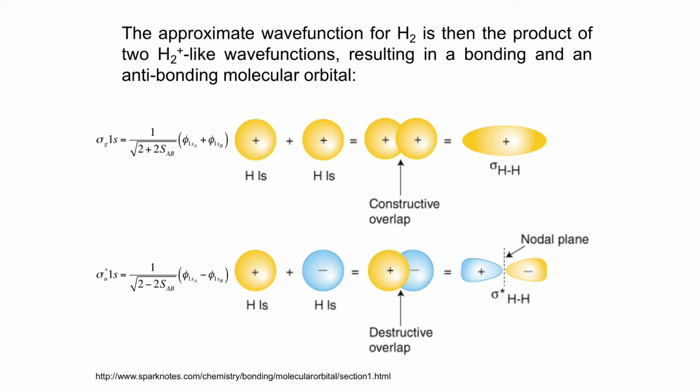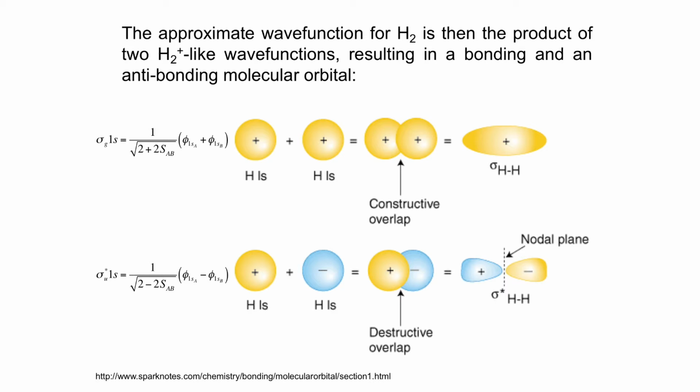We talked about that overlap of our wave functions in a previous video, where you can have overlap of two positive functions or overlap of the positive and the negative. You can refer back to that video as a reminder. But that's what gives rise to the two molecular orbitals that we generate when we overlap two atomic orbitals.